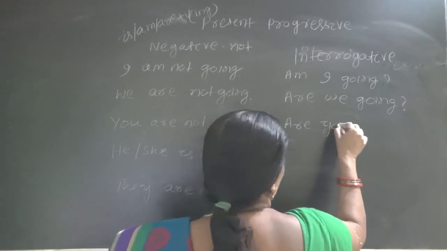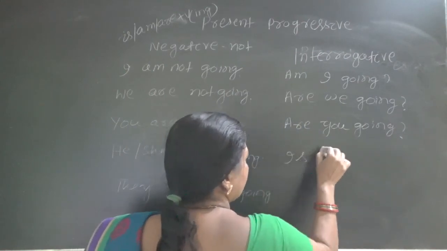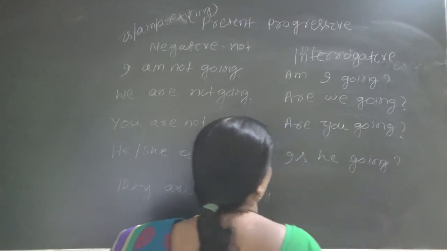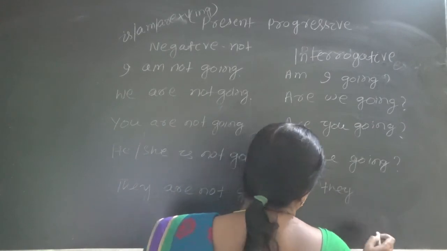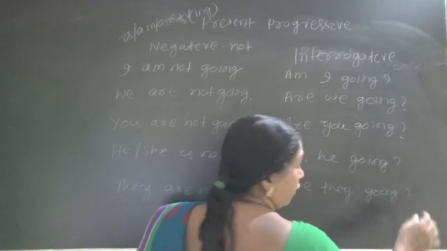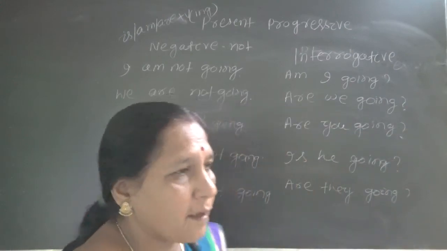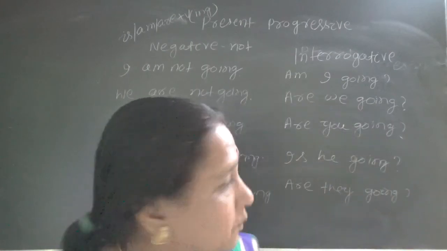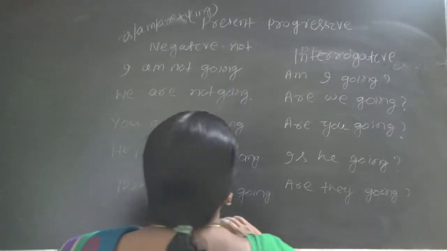Are you going? Is he or she going? Are they going? But always remember, in the interrogative sentence, the question mark is compulsory. Without the question mark, the sentence is incomplete.